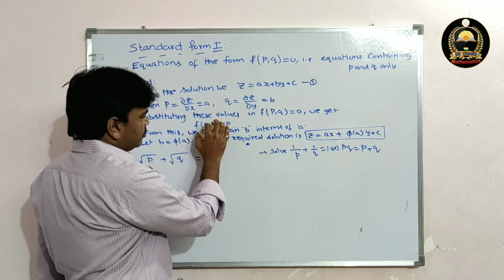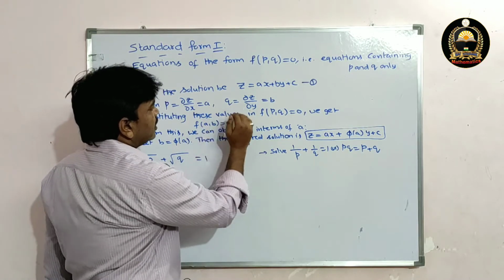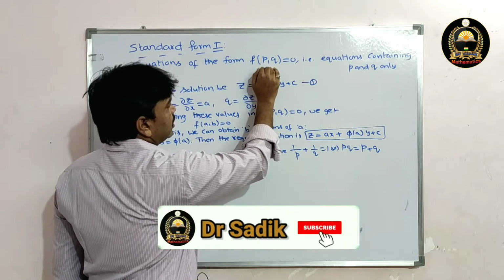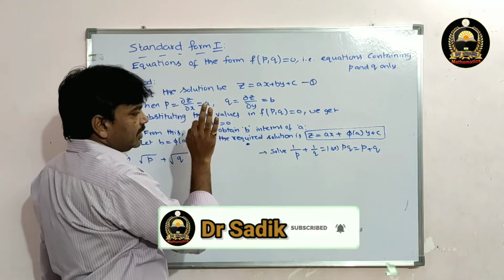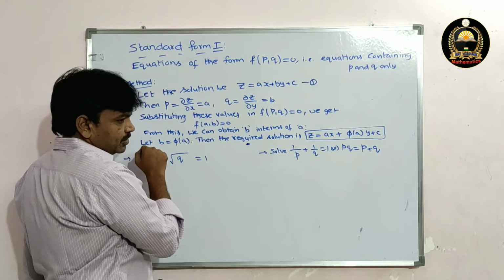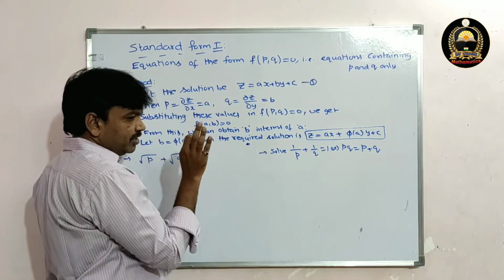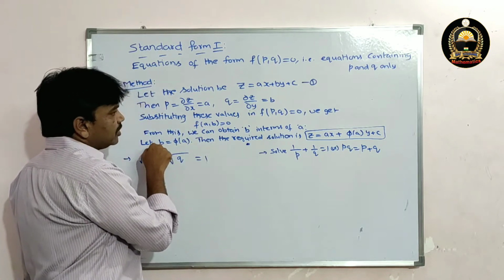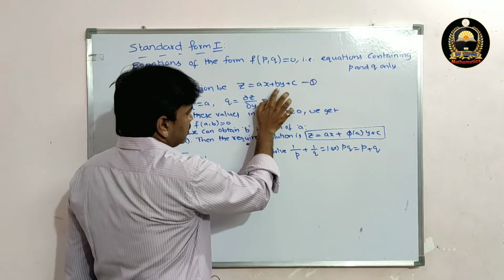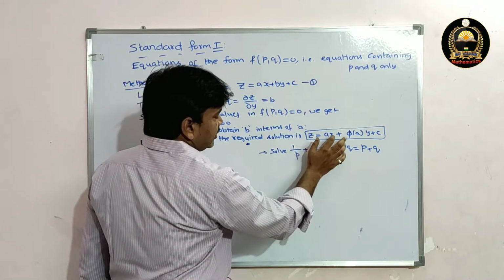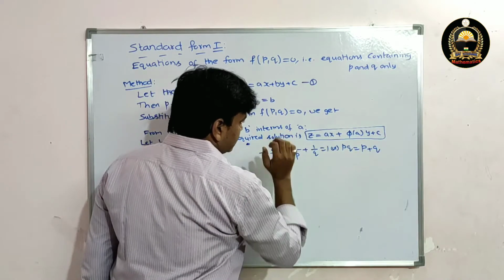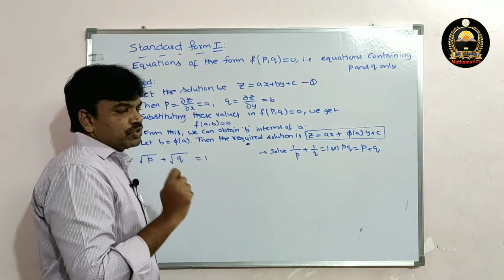That means you substitute a, b in the given equation and find b in terms of a, and substitute here, like this: z is equal to ax plus phi of a y plus c. This is the complete solution.